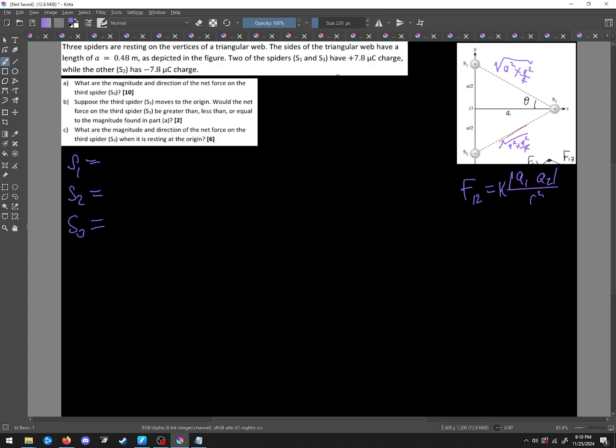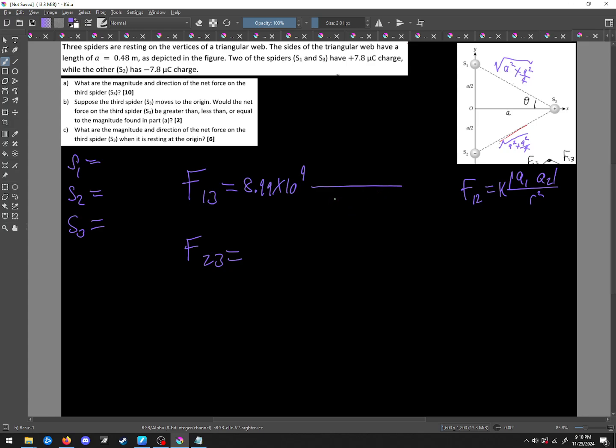So we're going to have an F23 and an F13. F13 is going to be equal to, and then F23 is going to be equal to, and this is going to be 8.99 times 10 to the 9th.